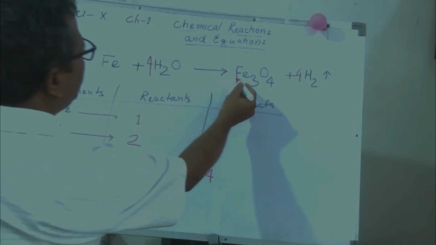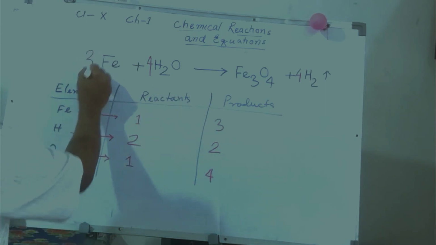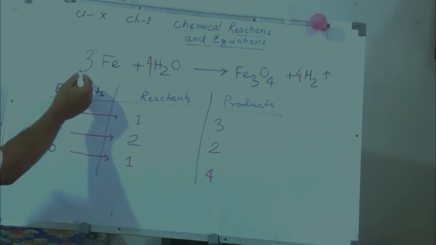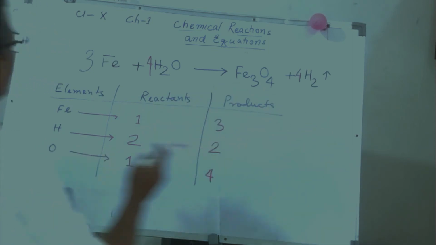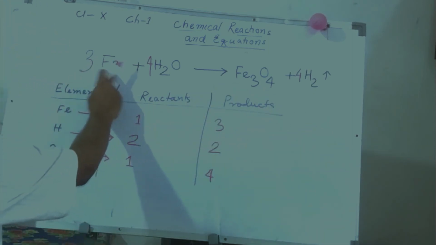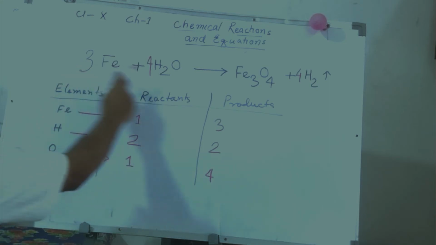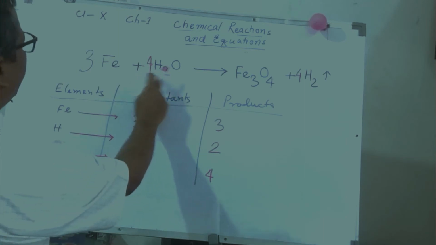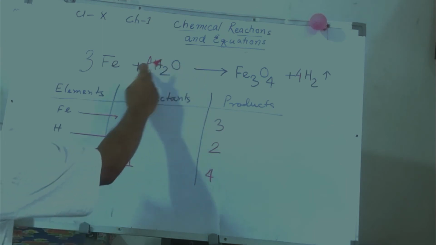Now how many iron atoms are there? 3. So if we multiply iron on the reactant side by 3, it will be balanced. Now you see how many atoms of iron are there on the reactant side? 3. How many hydrogen are there? 4 times 2 is 8. How many oxygen are there? 4.